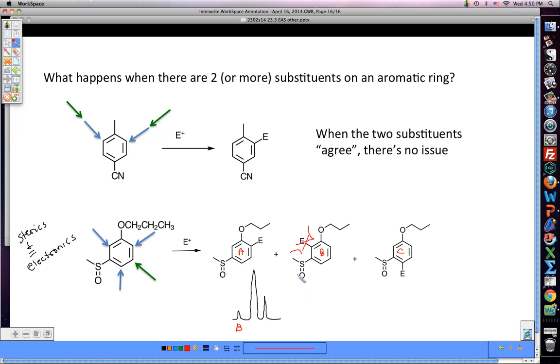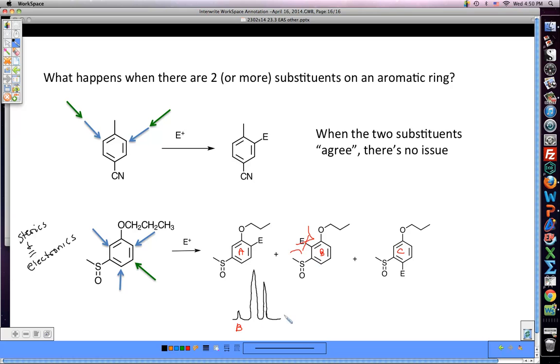Then we've got the para versus the ortho. I don't know. That's a crapshoot. I probably should have made the two peaks a little bit closer in amount, because they're both ortho to a substituent, so they might be formed in roughly equal amounts.